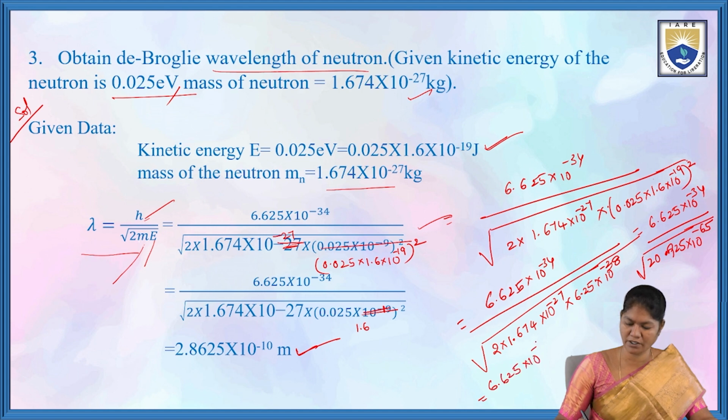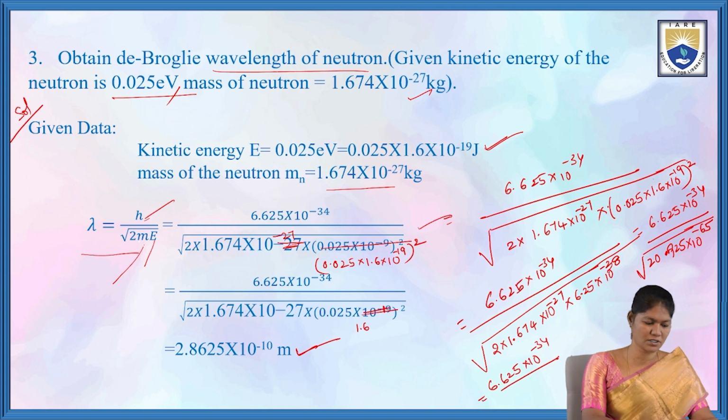So 6.625 into 10 power minus 34 divided by root of 20.925.